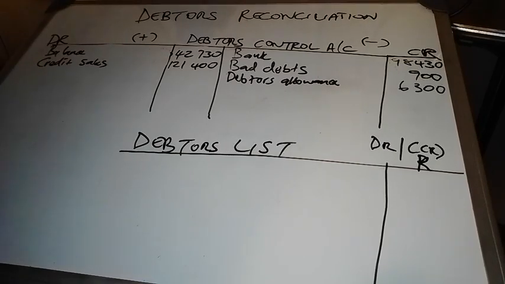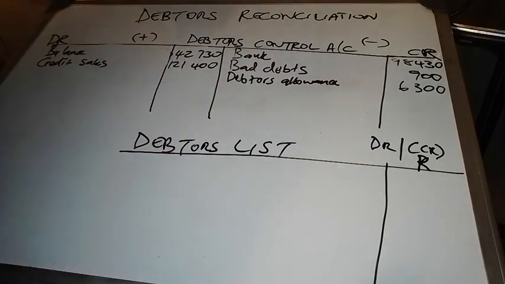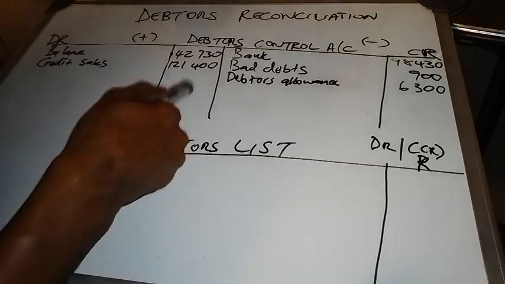Now the next item is the discount column. So it's a discount column CRJ. It means the debtor was either paying or buying for cash, and then they received a discount. So it does not affect our debtors control account, right? Because that discount is not associated with the debtors.